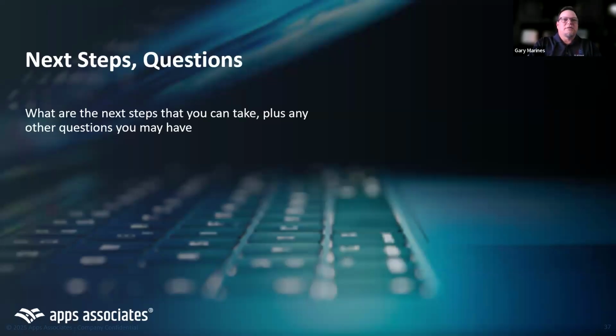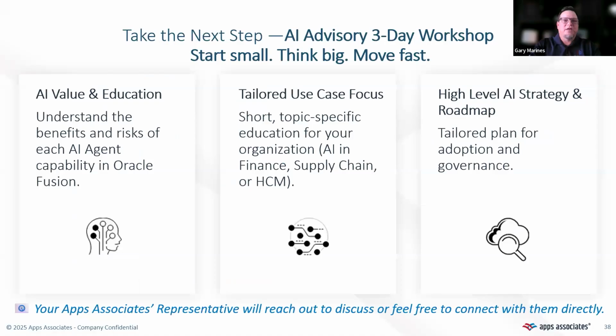So next steps and questions. What are the next steps you can take, plus any other questions you may have? One way to do this is we have a 3-day workshop where we're thinking: start small, think big, move fast.